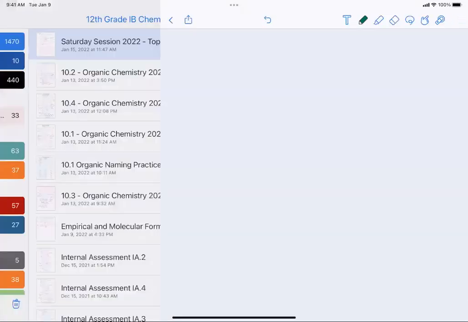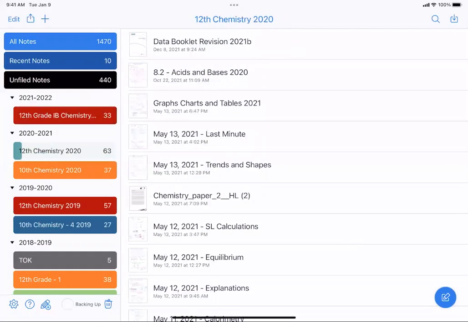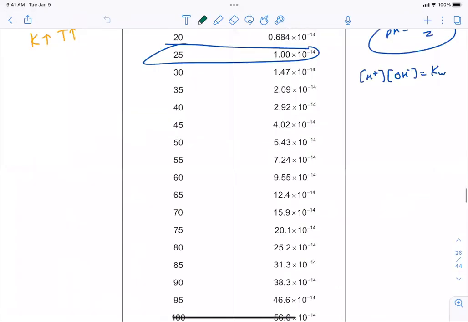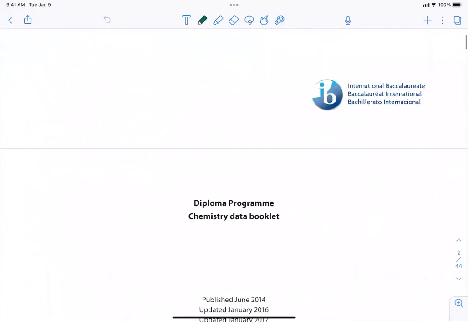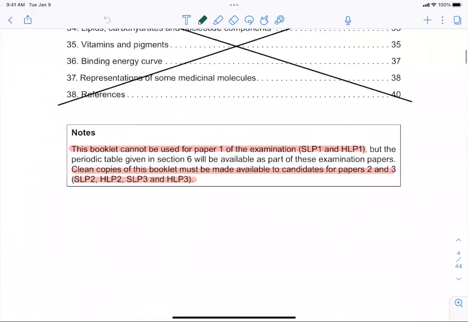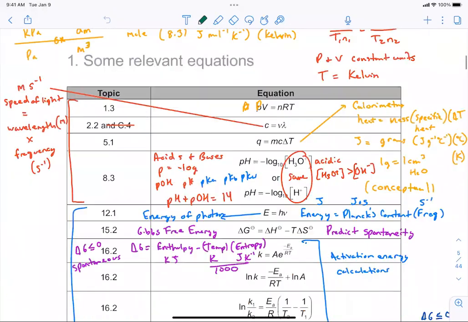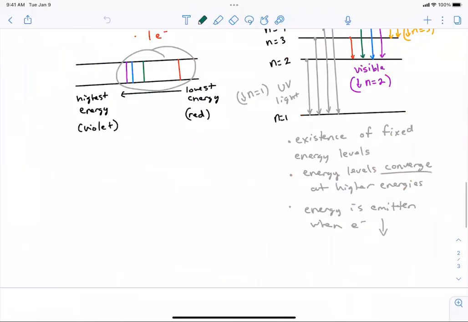If you look at the data packet, oh, actually, no, they do have speed of light and wavelength times frequency for standard level. So I will talk about that right now.